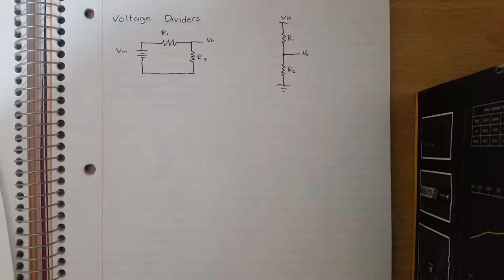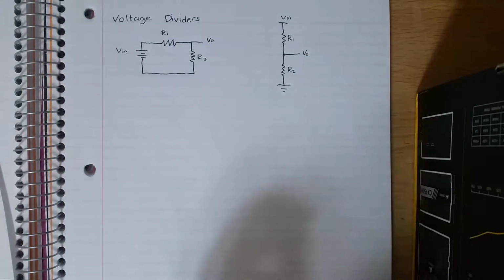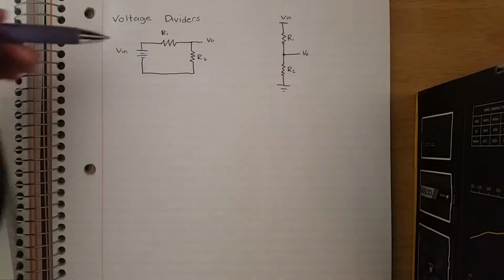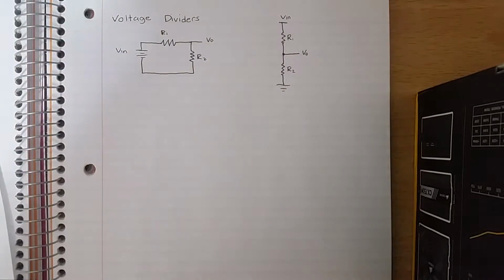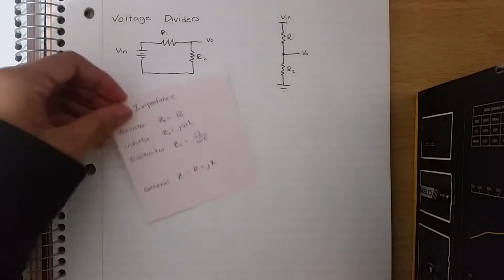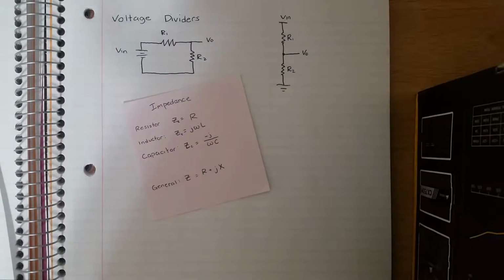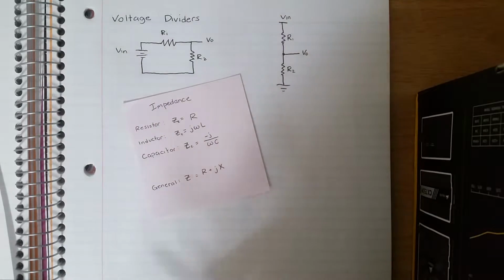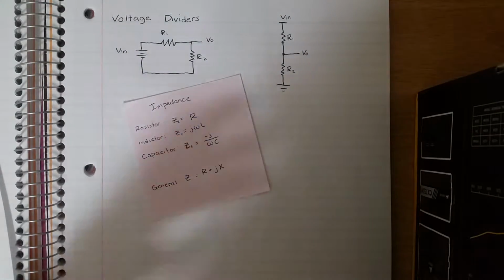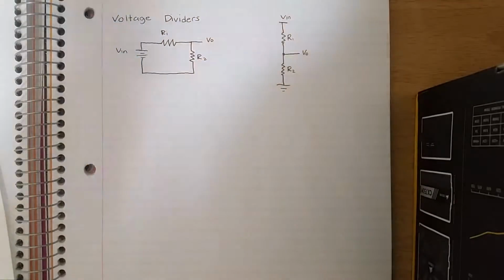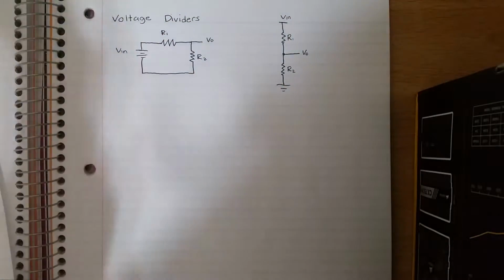So a voltage divider, also known as a potential divider, basically takes a big voltage and brings it down to a smaller voltage. How does it do that? Well, first off, I'm going to point out that I'm in DC because I do not want to deal with impedance. If you start introducing AC with inductors and capacitors, it gets pretty crazy, maybe in another video. But for now, just DC.